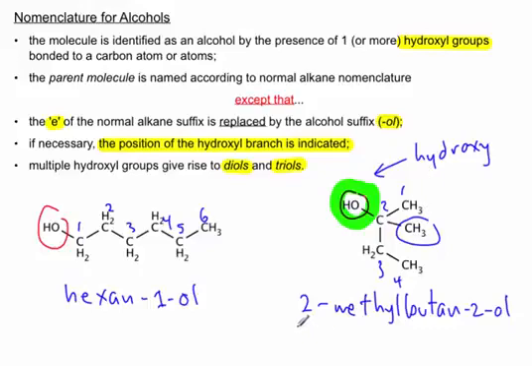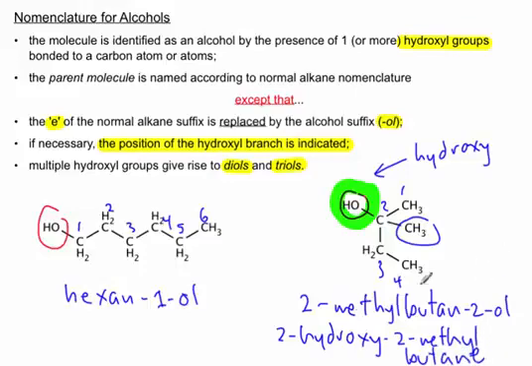And so you could also name that as 2-hydroxy-2-methylbutane. There you're just treating the OH as a hydroxy branch. Not nearly as common. At this stage you should be able to name that as an alcohol with the ending OL.